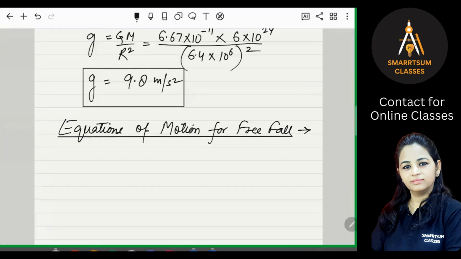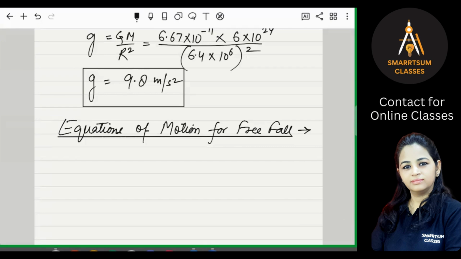Now, let's see what the equations of motion for free fall are. As we already know, there are three equations of motion which you have seen in chapter number 1, and we have already derived them in that chapter for bodies under uniform acceleration.